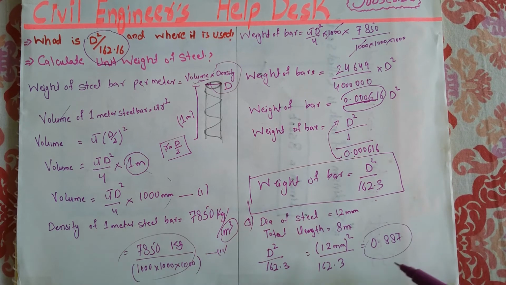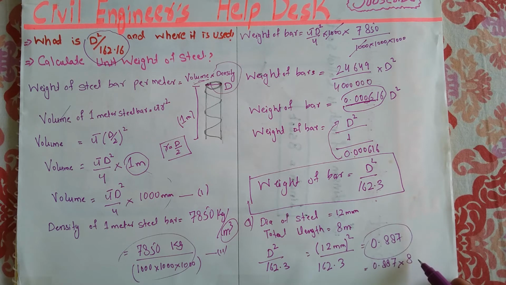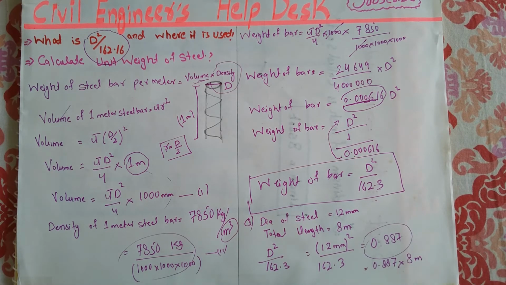Now viewers, come to the example. We have a unit weight of 0.887 and a total length of 8 meter. So we multiply the unit weight by the total length, which is 8. Then we will get 7.09 kg.